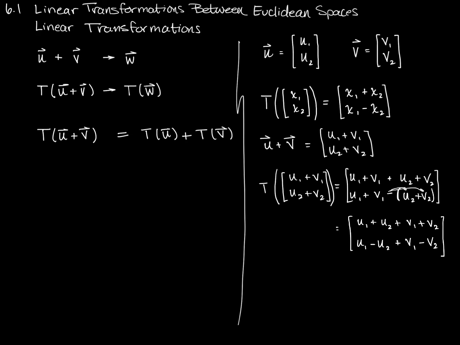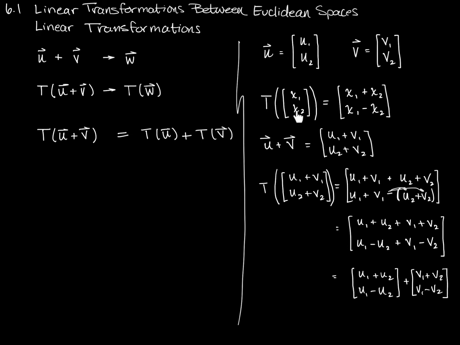And then I can make the observation, just using vector addition in reverse, that this is the vector (u1 plus u2, u1 minus u2) plus the vector (v1 plus v2, v1 minus v2). And that is the transformation of u, right?